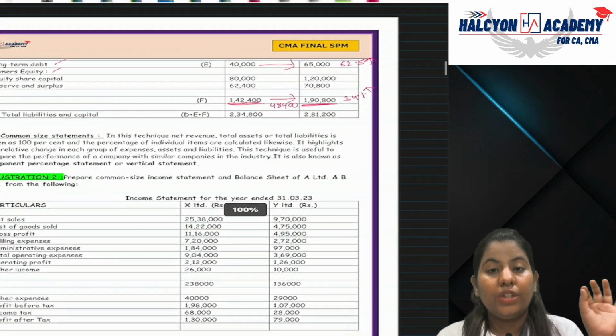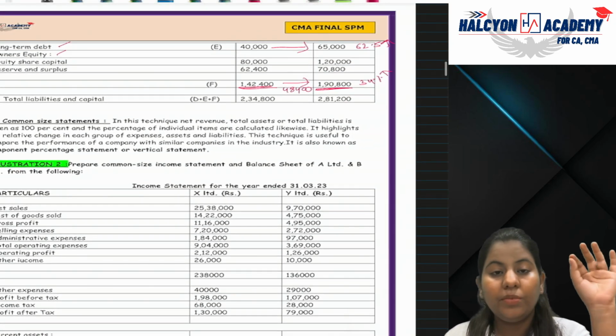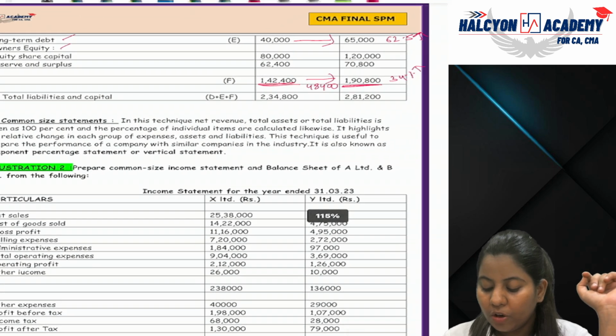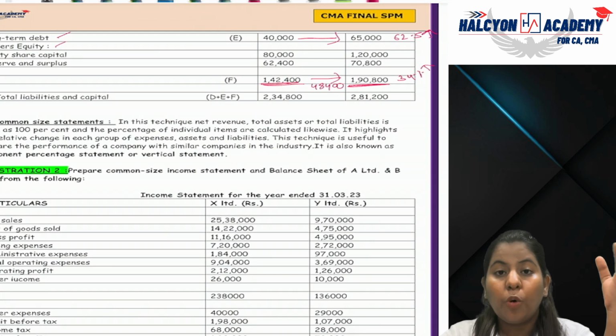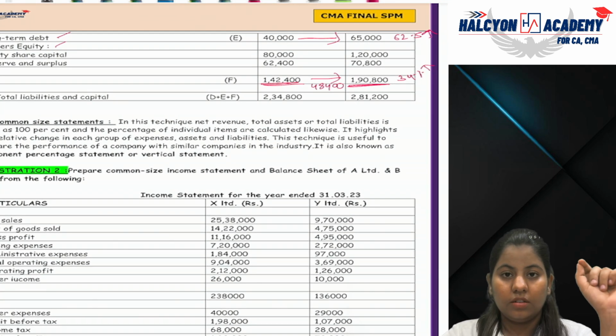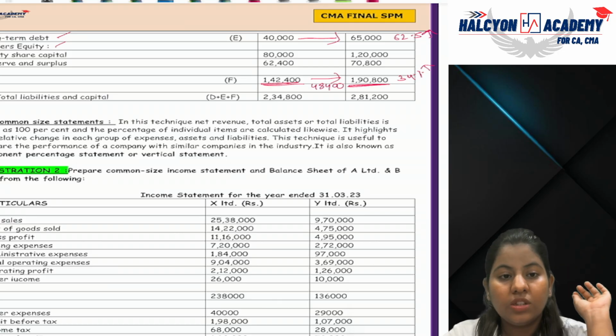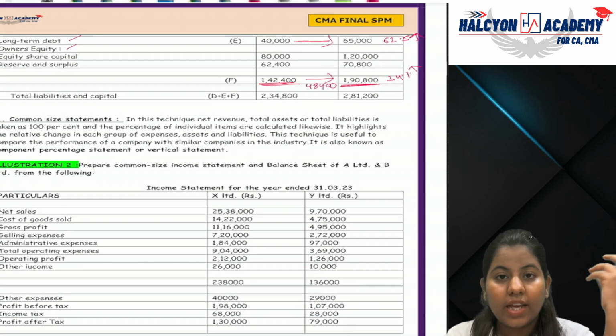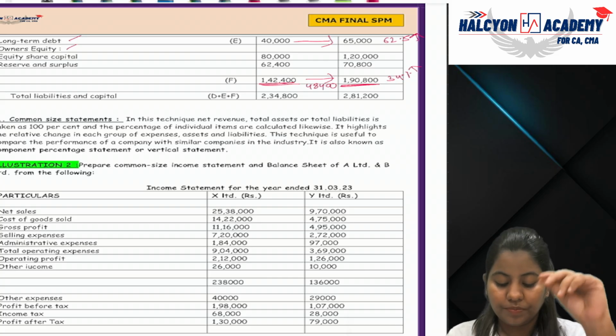So owner's equity is also increasing and long-term debt is also increasing, which is not good for the company because it is borrowing money from outside. It is dependent on the money of outsiders. So it is taking money from outside. The company is borrowing money, right?